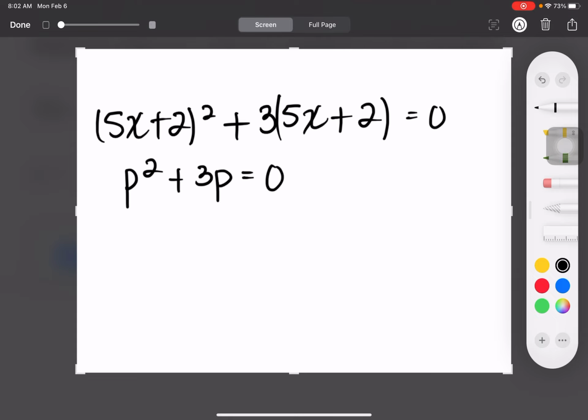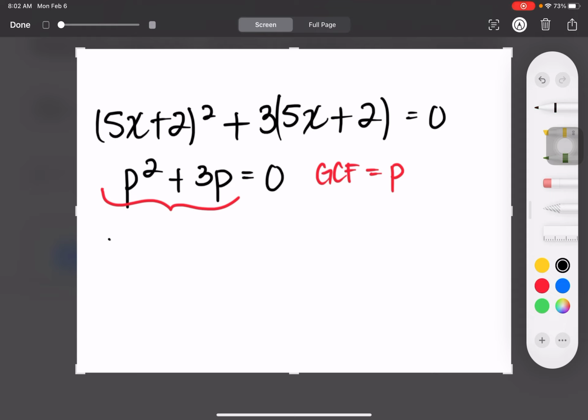Now, this is very different from the other ones we had worked, for examples 3 and 4. On this one, we are going to be doing a different type of factoring, which is actually just a GCF. So if we take a look at this expression here, what can I factor out from them? It's not really a number, it's a variable. I need to factor out a p from both of them.